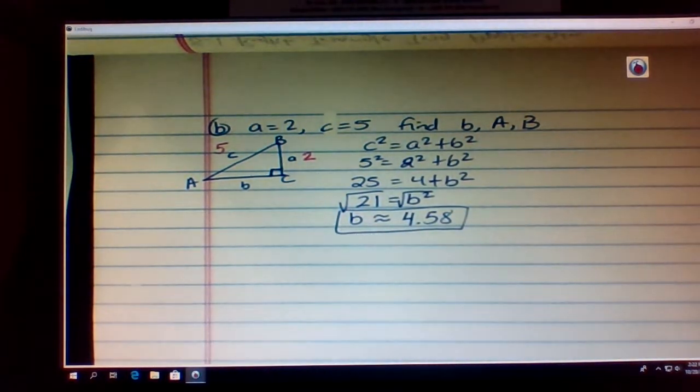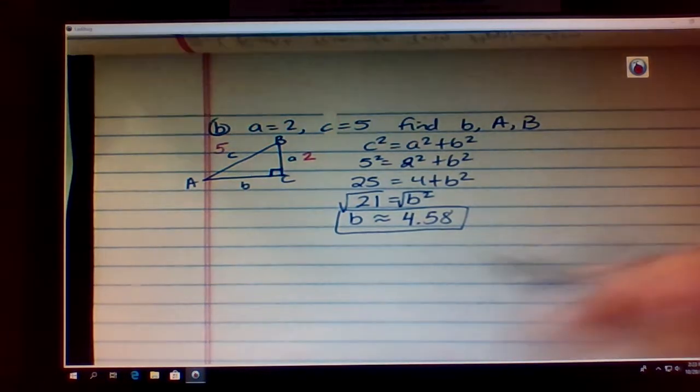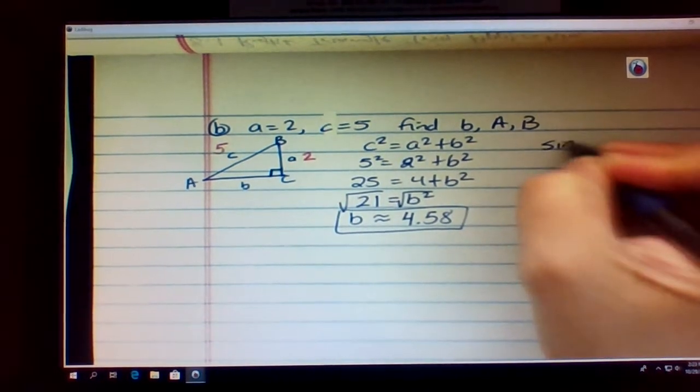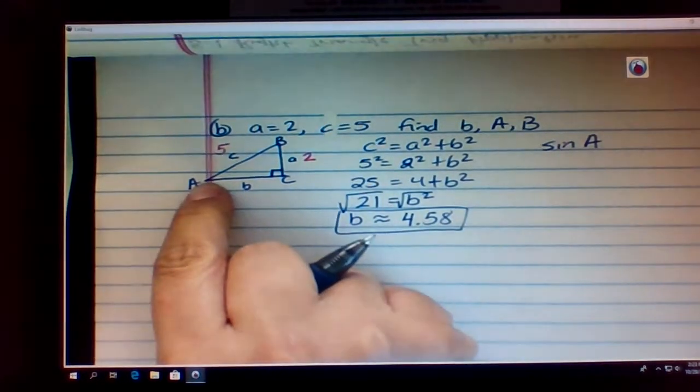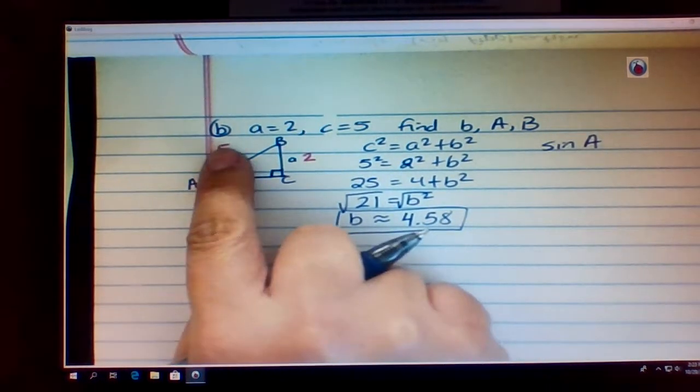Now, how do I find my angle A? The inverse. Very good. So we set this up, first of all, sine of A, because I need to find angle A. Sine, because I have opposite over hypotenuse. Sine is 2 over 5.